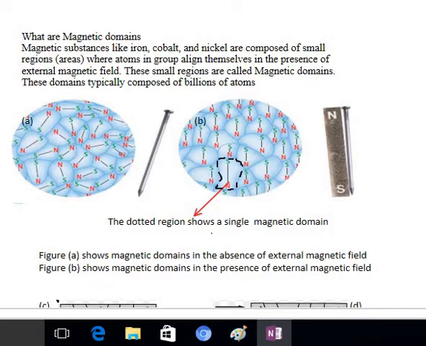In the absence of a magnetic field, all these magnetic domains have zero net magnetic field. So even though these magnetic domains behave like tiny magnets, they have zero net magnetic field. So what happens if we keep this magnetic material near a paramagnet?